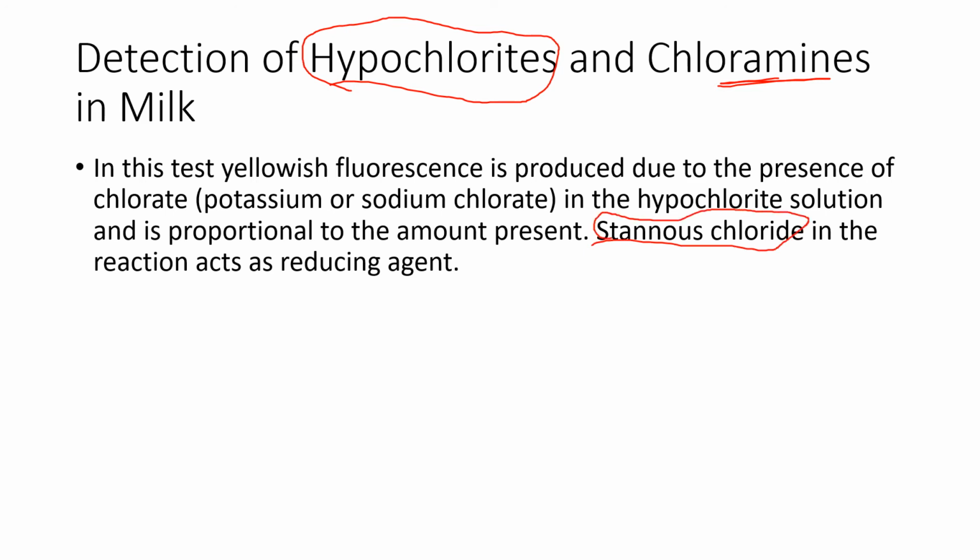Just remember this: when you add stannous chloride, it produces yellowish fluorescence. Very crucial, because these are commonly used household substances. Yellow fluorescence, stannous chloride. Take it down in your note making apps or in your notes or books, whatever you want. Just remember these keywords alone, because if you take a book and read, it is going to cost you a lot of time.